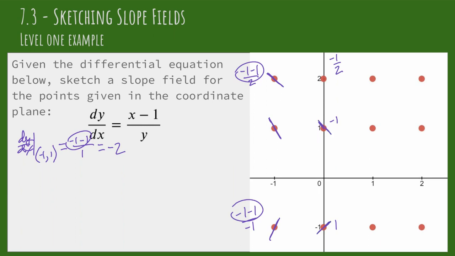Let me draw that a little bit better. And then -1/2. So at this point here, I'm aiming for that point when I draw my slope line to get -1/2. Again, it doesn't have to be perfect, but try to get it pretty close.